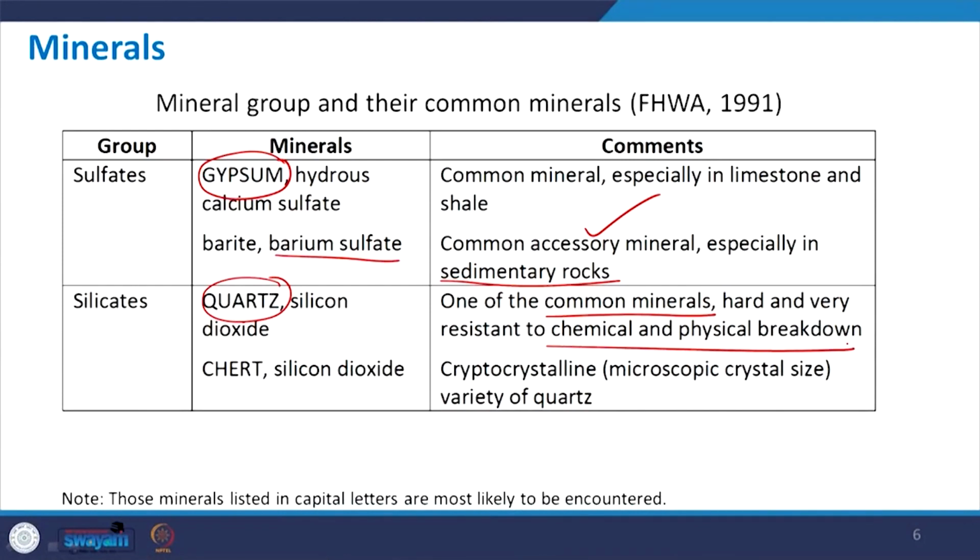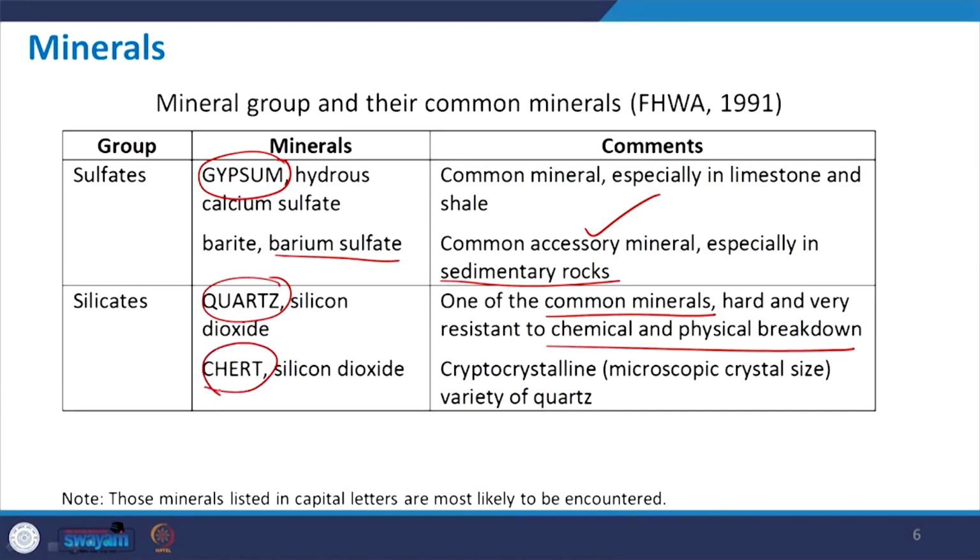Therefore, rocks which have these types of minerals have larger compressive strength and shear strength as compared to other rocks. Then the next one is chert, that is silicon dioxide, which has microscopic crystal size and is a variety of quartz.